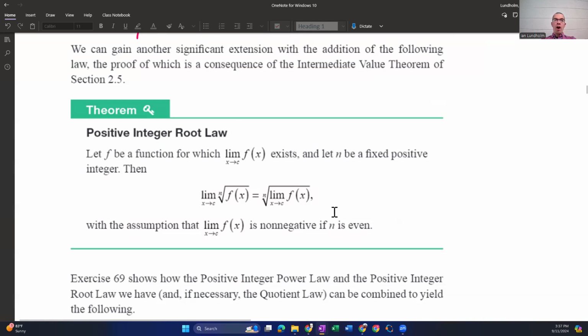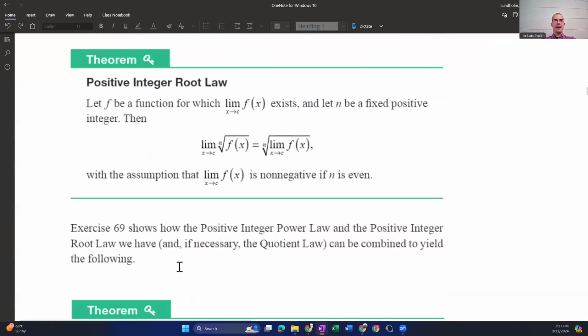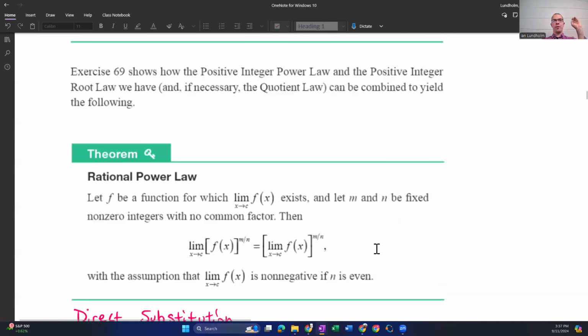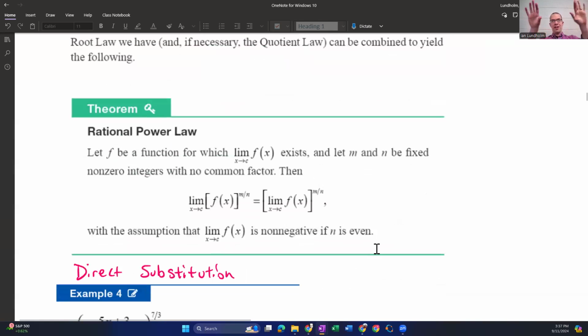And so there are exercises in our text that lead you through proving these things if you're interested in proving. Right now, we're just rolling through it and understanding that these things can be added into our toolbox.